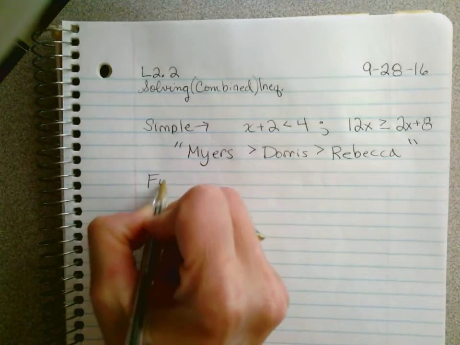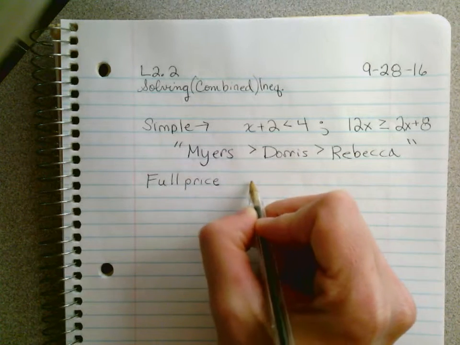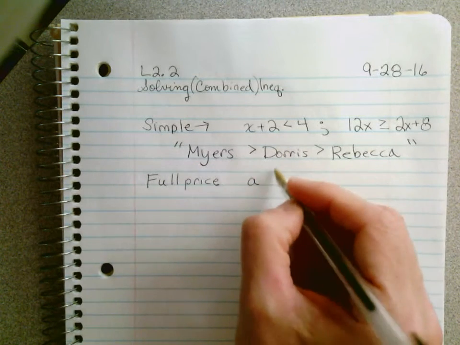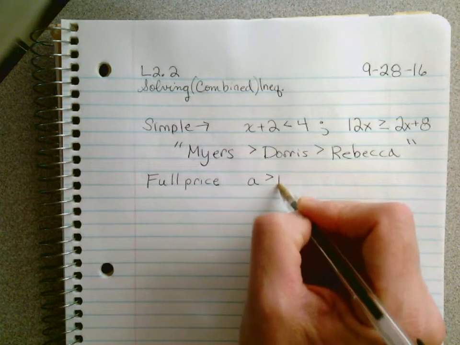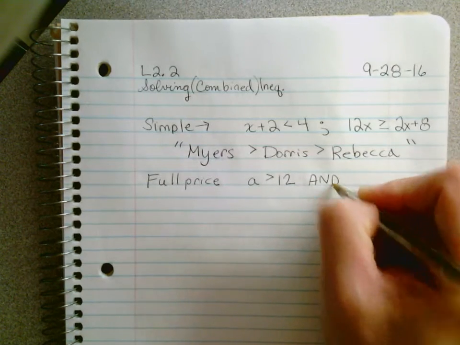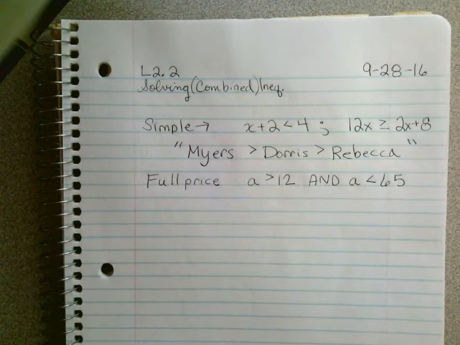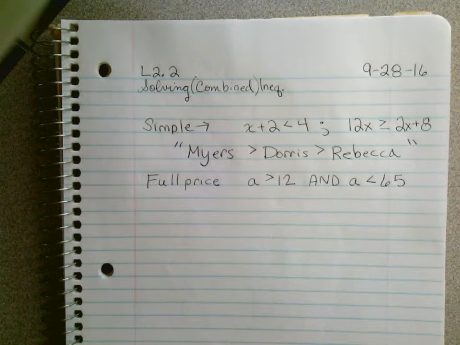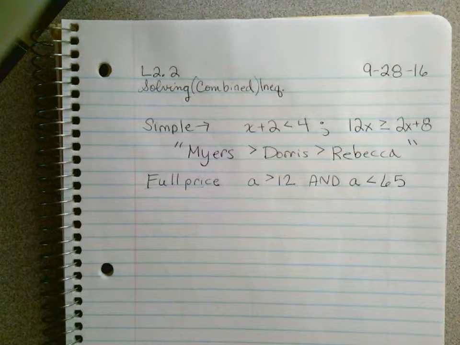So in that little story, you pay full price if your age is greater than 12, and if your age is less than 65. Somebody whose age falls between those things pays full price. The rest of those people will pay a discount.